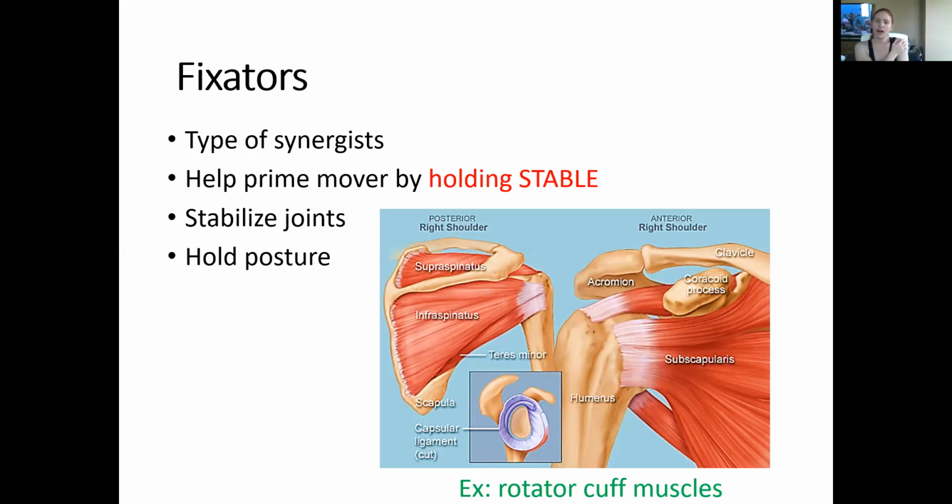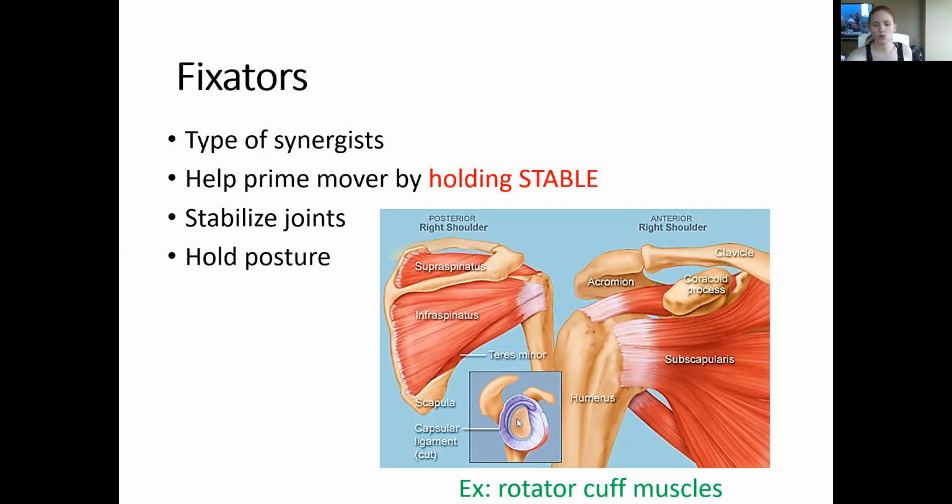But what you do have is some tendons and muscles creating a nice fixed muscle group. So these are called the rotator cuff muscles, and they create a nice capsule that helps support that joint right there, the joint between the head of the humerus and the acromion. So that's going to help stabilize your shoulder joint right there.